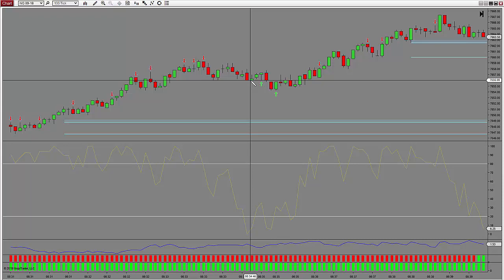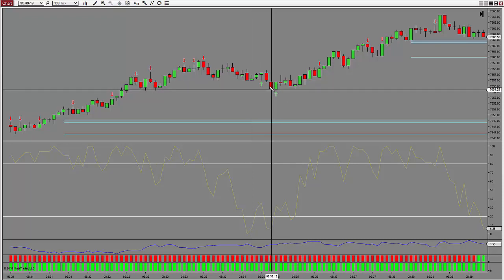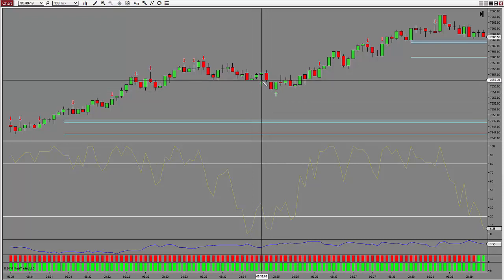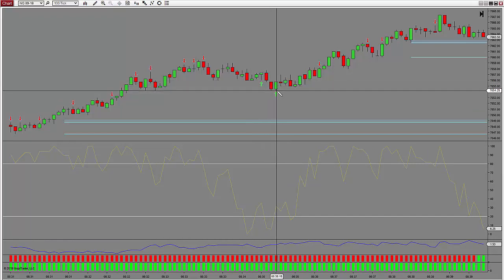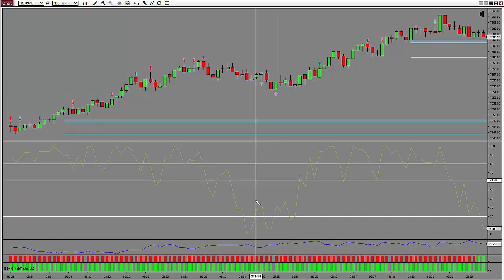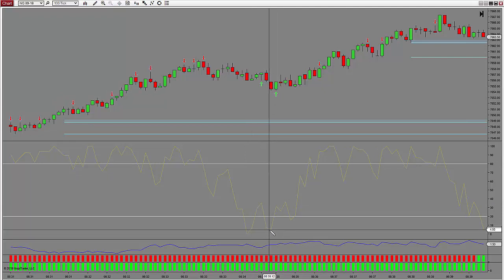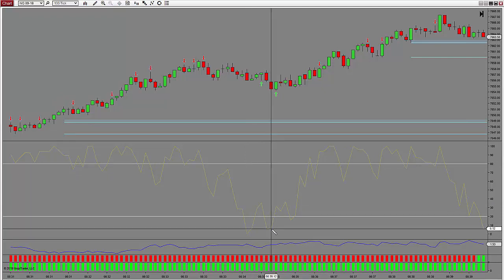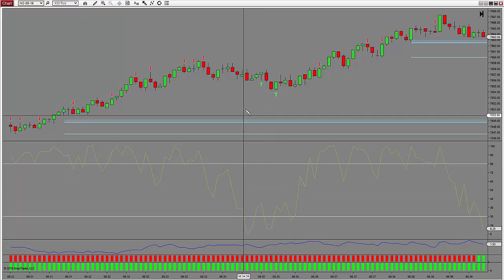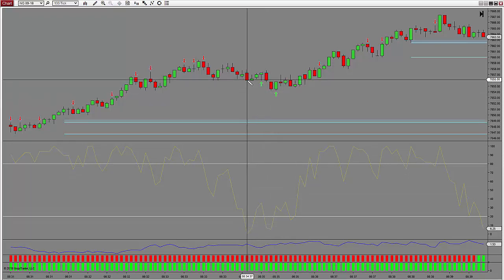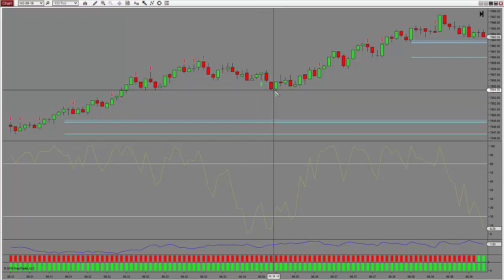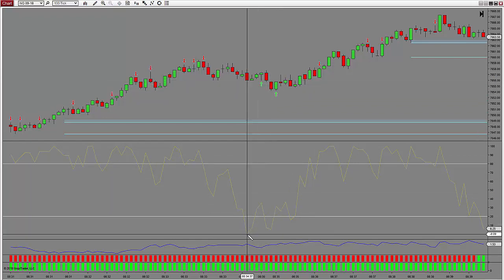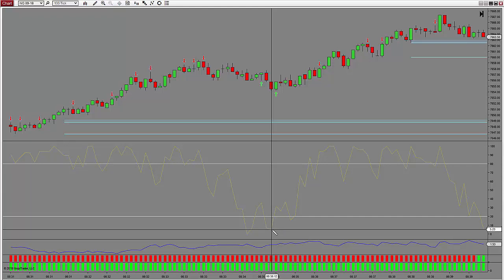And then if price makes a lower low or an equal low, while stochastic makes a higher low, you have divergence. All right? Let me repeat that. If you look at the low of price, price makes an equal or lower low, while stochastic makes a higher low, you have divergence.